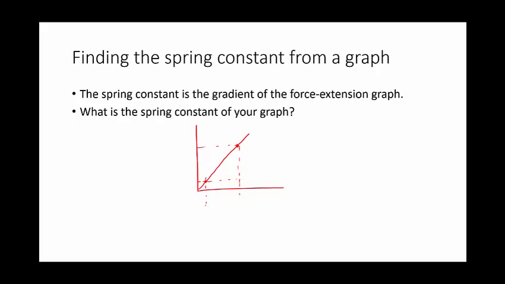They do not need to be points that you've plotted. And you need to find out the positions of those points. So if we have a look on here, we've labelled y2 and y1, x2 and x1. So our gradient, which is going to be equal to the spring constant, is equal to y2 minus y1 divided by x2 minus x1. And hopefully you've done gradients in maths, so that should be familiar to you.